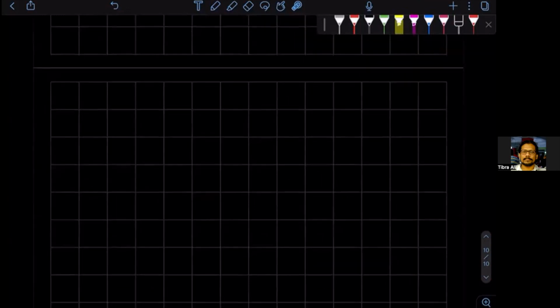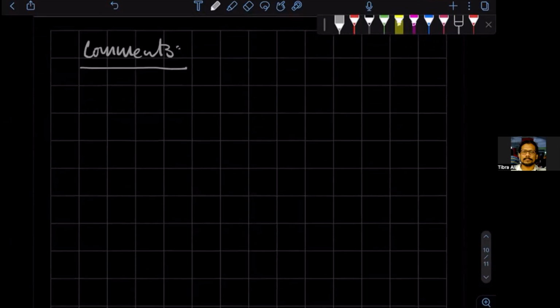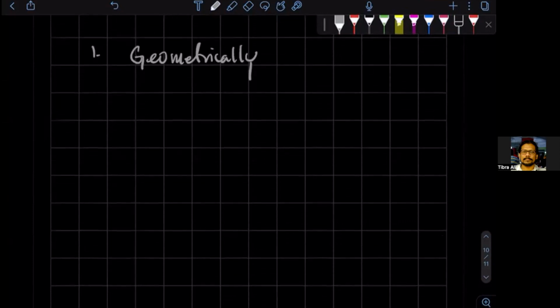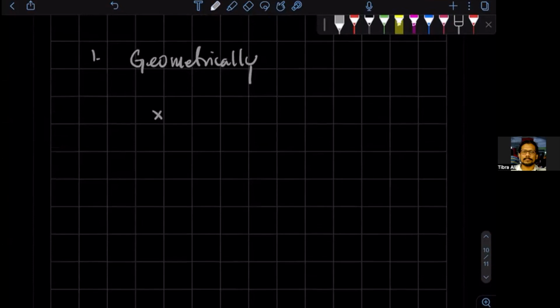So let's make a comment or a couple of comments. Number one is that, geometrically, or I don't know if geometry is the right word, pictorially, suppose on one side you have the group G, and you have elements in this group.